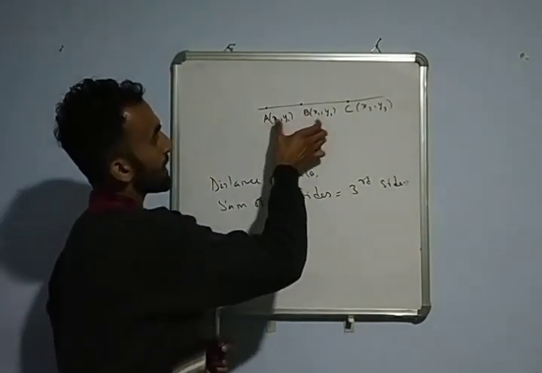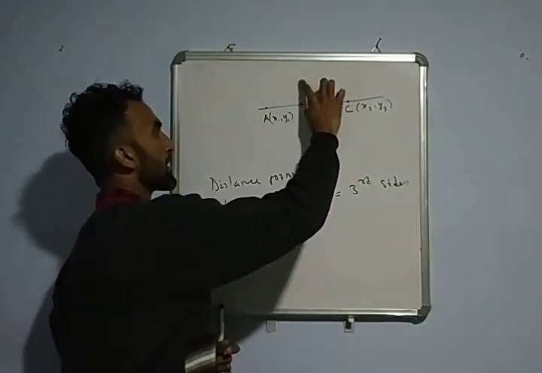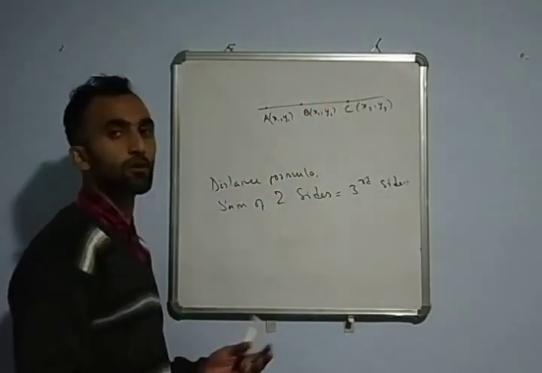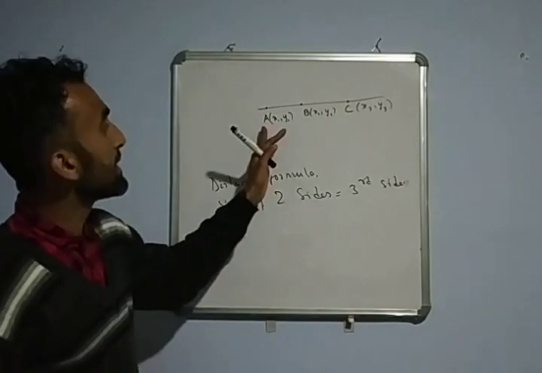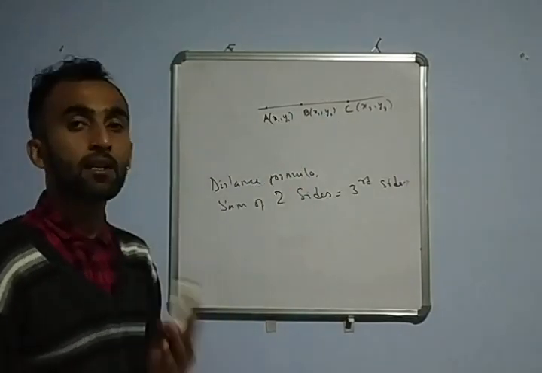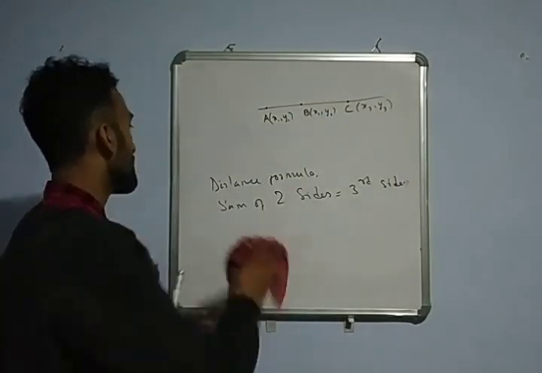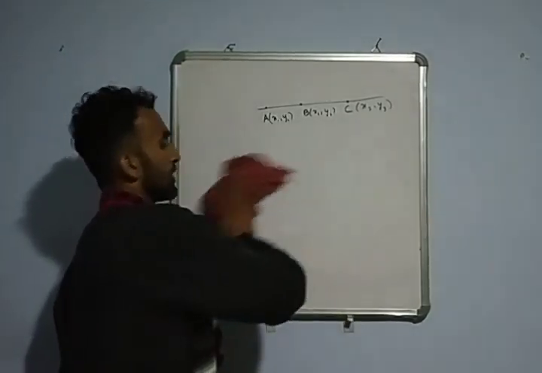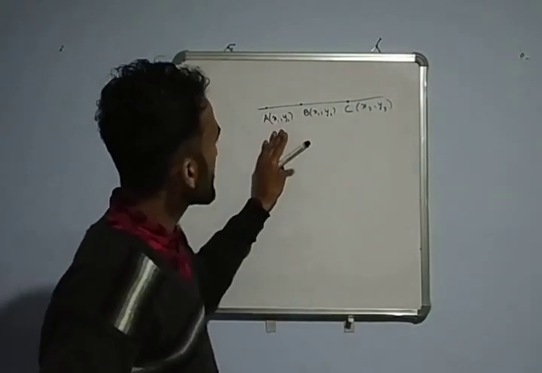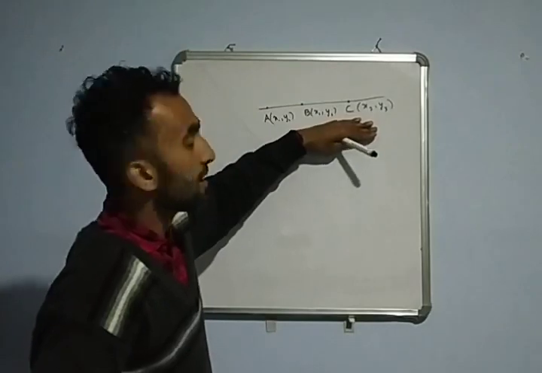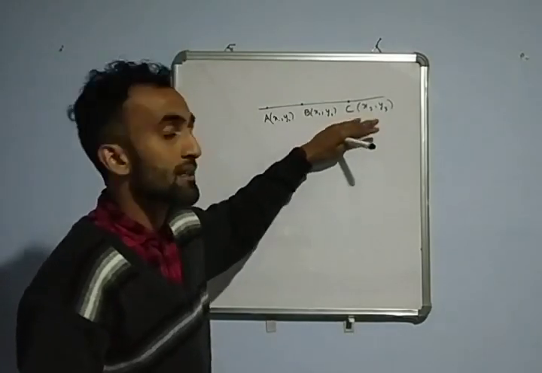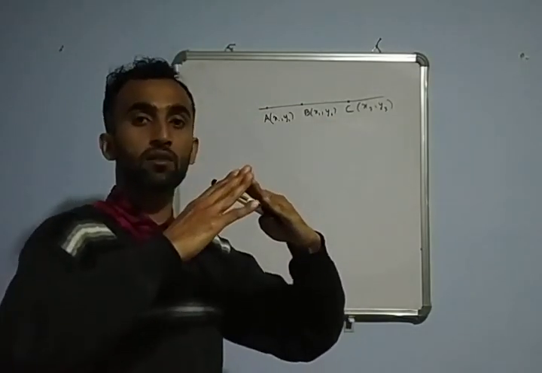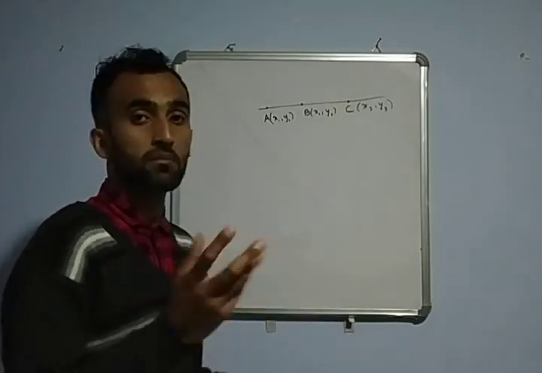We used to find out AB, BC, and AC. Sum of two sides equal to third side. And if that is happening, then the 3 points are collinear. But now you check. These 3 are lying in the same line. Are they making any area? Is there any area enclosed? Just check. Nothing.